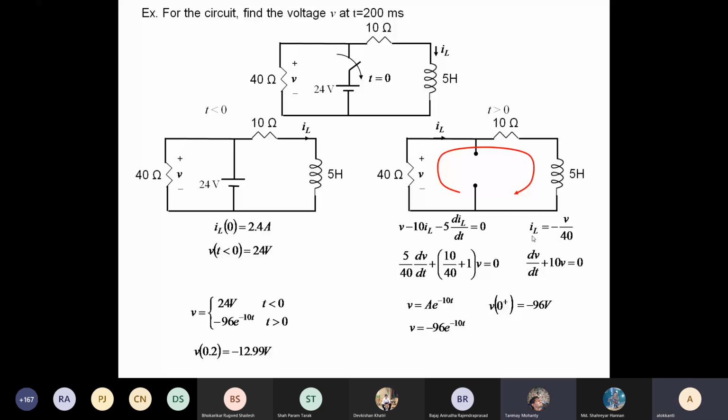Before t less than 0, in the left-hand circuit the current was anti-clockwise. Sir, before t less than 0, the left-hand side loop had current in the anticlockwise direction, and after t greater than 0, it has current in the clockwise direction.